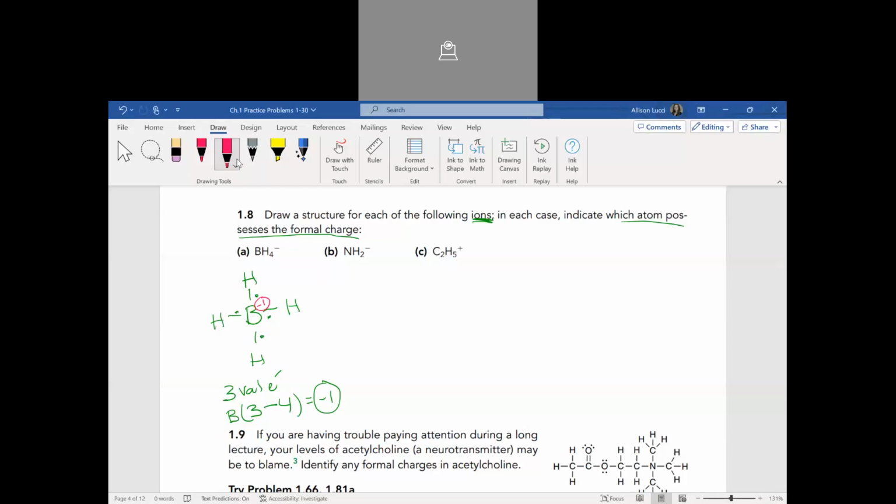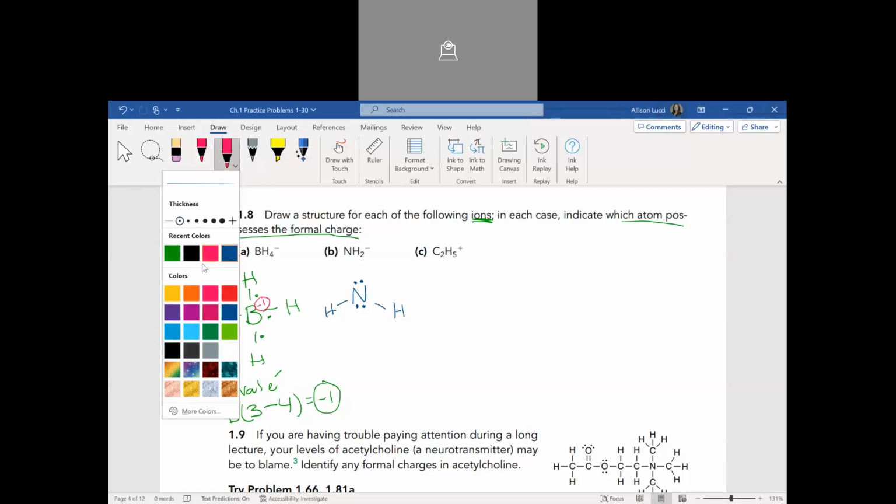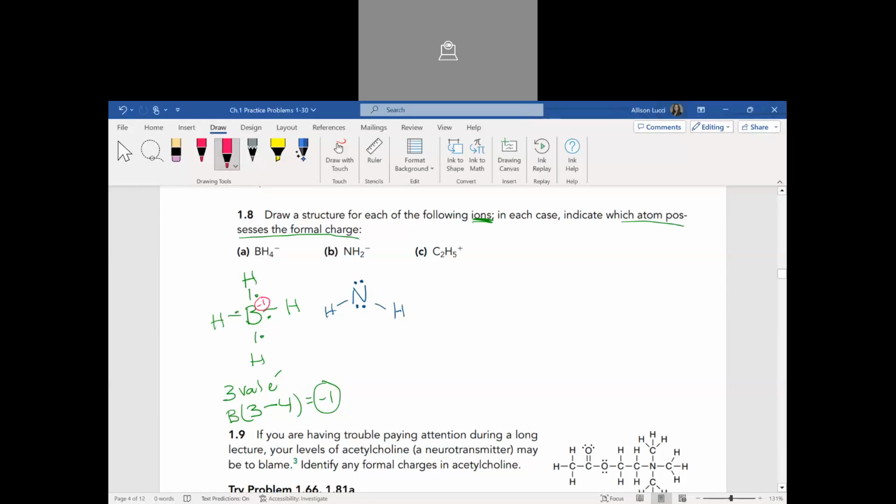So our second compound, we have nitrogen bonded to 2 hydrogens. And in order for nitrogen to have a full octet, we would know that our structure would end up like this after we did a valence electron count and did the Lewis structure. So we would see this compound here. And if we wanted to calculate the formal charge on nitrogen, we know that that's in group 5.